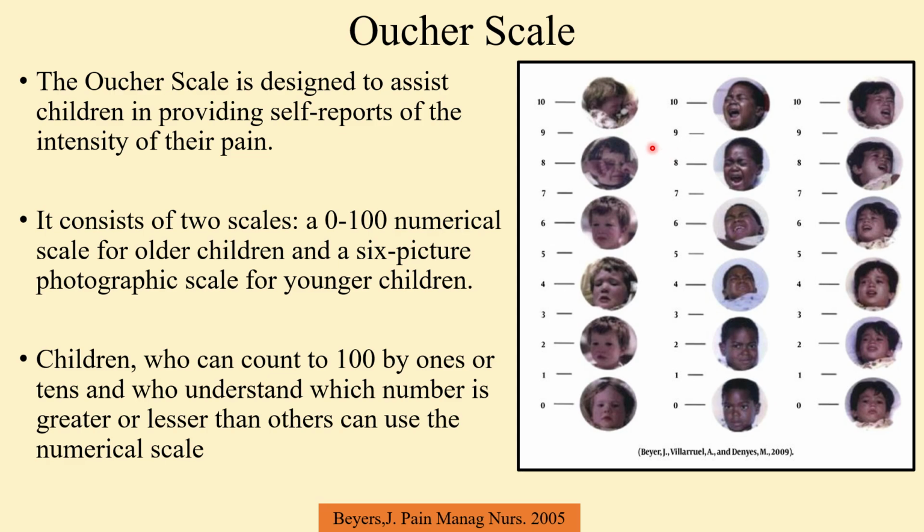But here, instead of a smiley or an emoji, we're actually using some child's facial expressions. It's interesting that they have made this in different racial populations also. They've made it in Asians, Africans, Caucasians, etc. So that it's very relatable to the child and the expressions are understood as per their respective population.